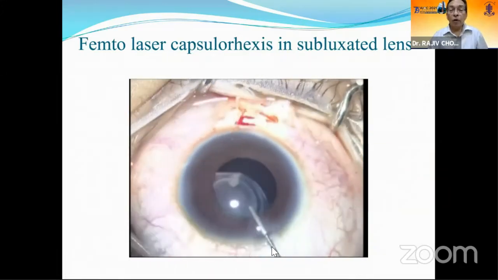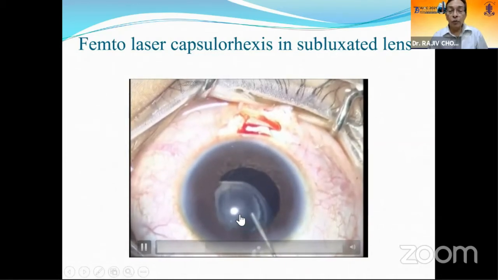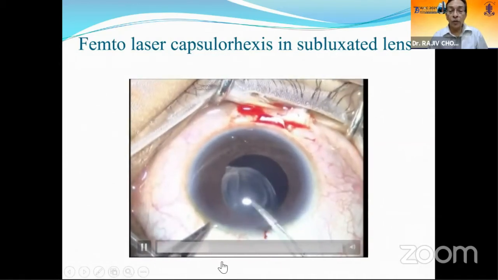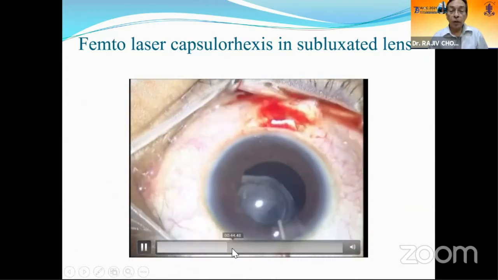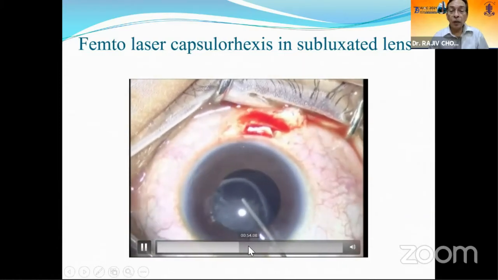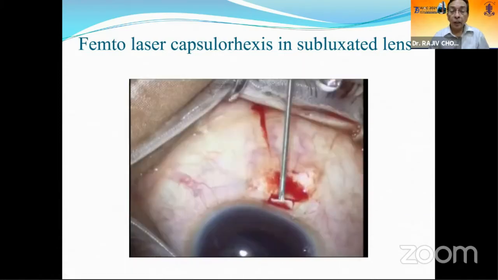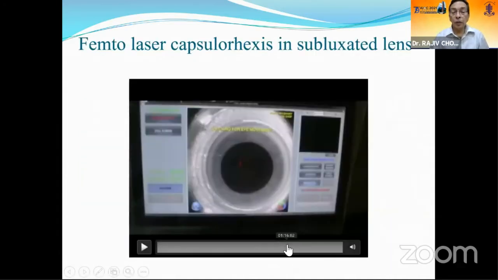You can perform that surgery very well, because otherwise, if you do it manually, you will stretch the rest of the zonules. In this case, I removed this, then implanted the endocapsular ring, sutured it, and was able to place the lens in the posterior compartment. Sorry, I just missed.